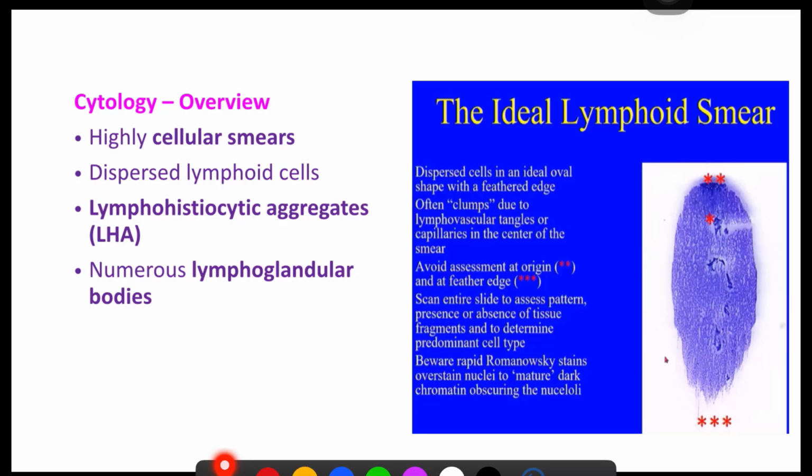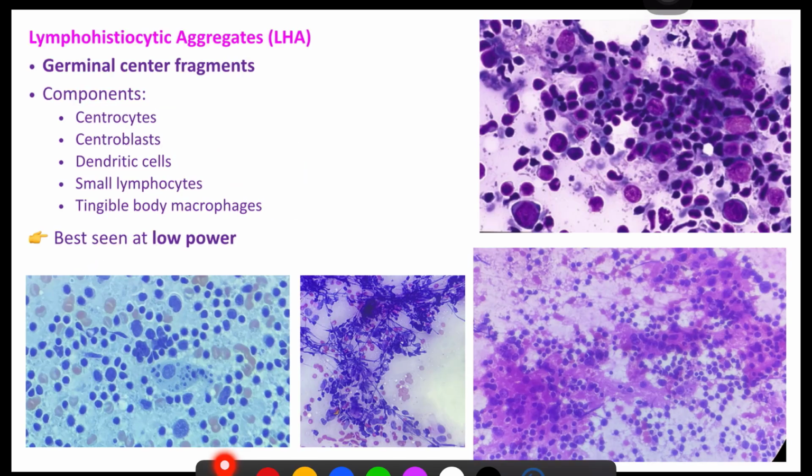Generally this type of smear is highly cellular, having dispersed lymphoid cells, showing lymphohistiocytic aggregates, and there are numerous lymphoglandular bodies. In the previous lecture we discussed what a lymphohistiocytic aggregate is, which is nothing but a germinal center fragment composed of centrocytes, centroblasts, some dendritic cells, tingible body macrophages and small lymphocytes.